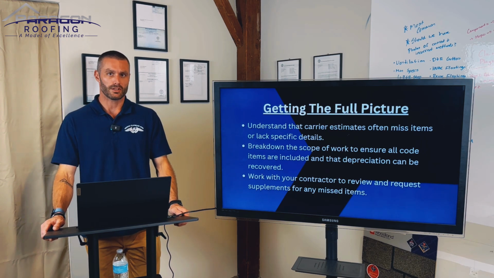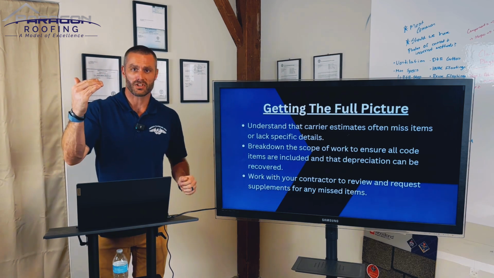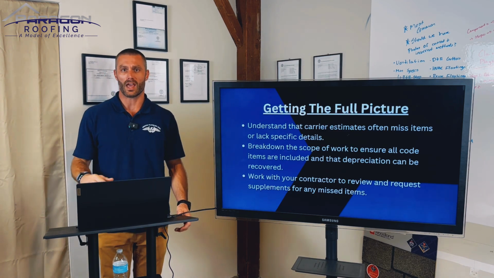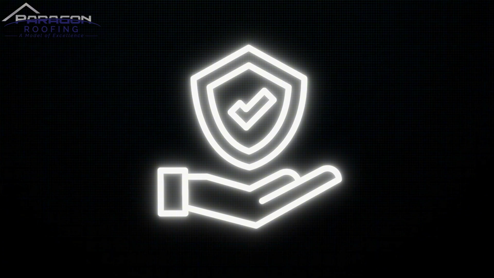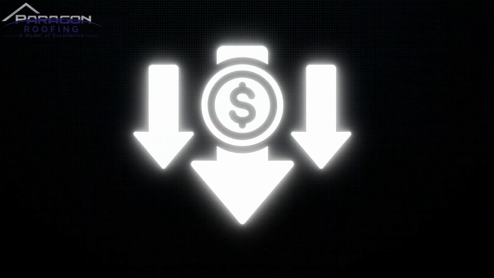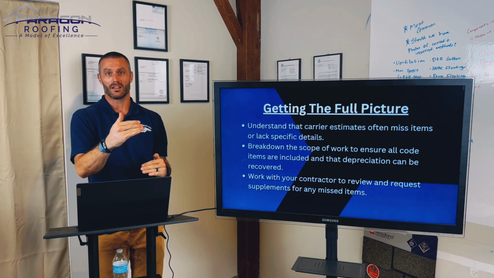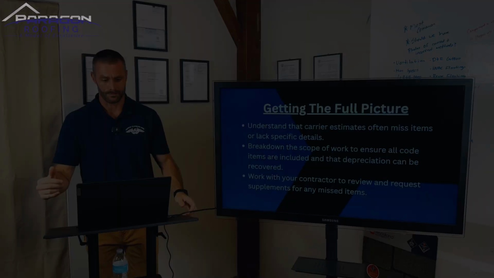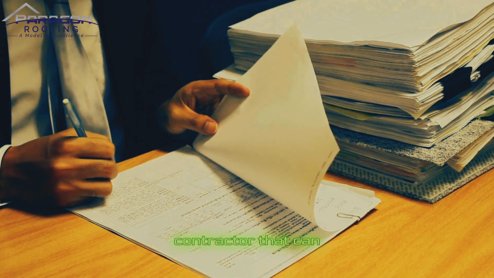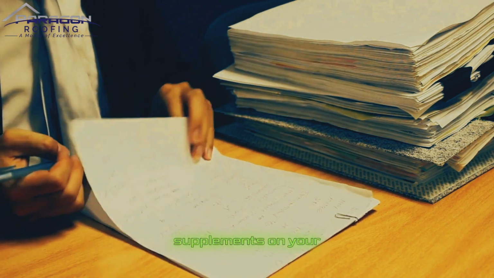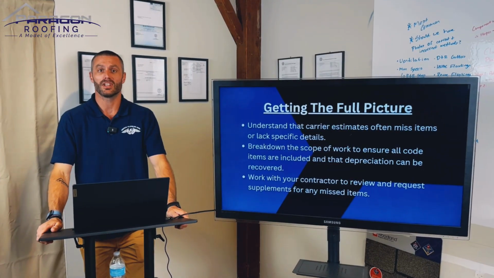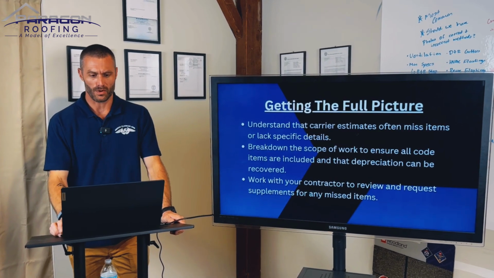That doesn't mean we were able to get $7,000 more than what we should have. That means the insurance company wrote an estimate that was $7,000 lower than it should have been. And that's by design. It also means working with a contractor that can review and request supplements on your behalf and actually understands how to do all of that.